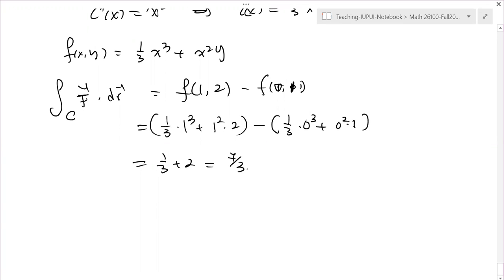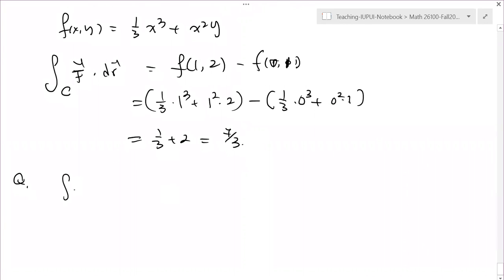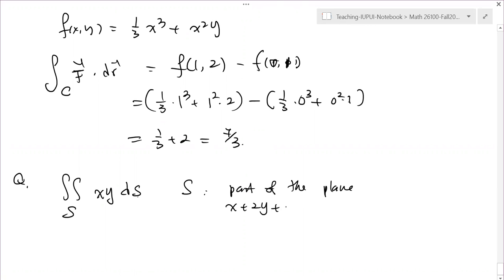All right, let's take a look at another example. Okay. So now evaluate this surface integral of x times y dS. Okay, that's a surface integral. S is a part of the plane x plus 2y plus z equals 2 that lies in the first octant.